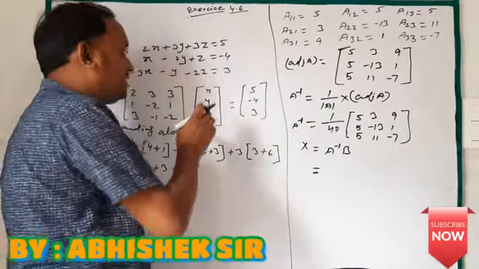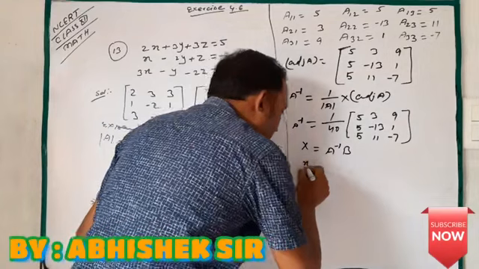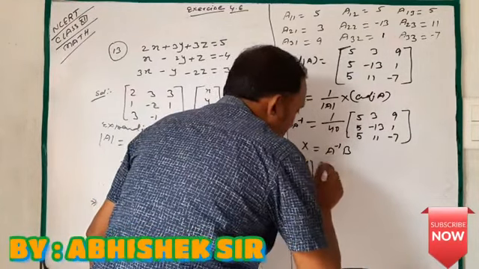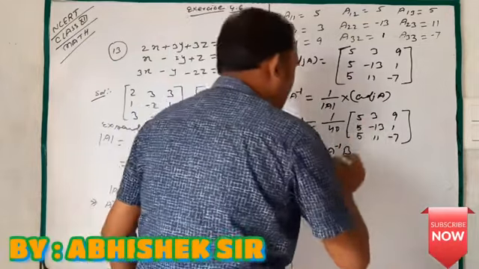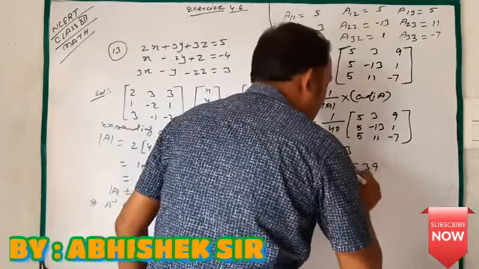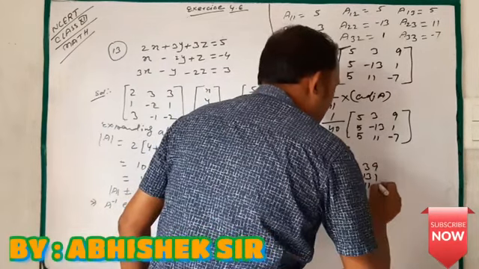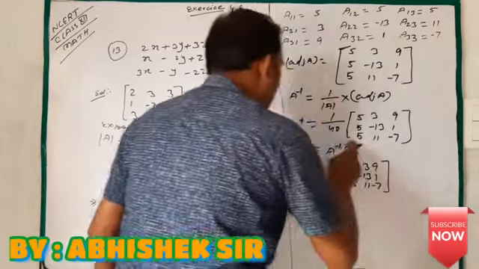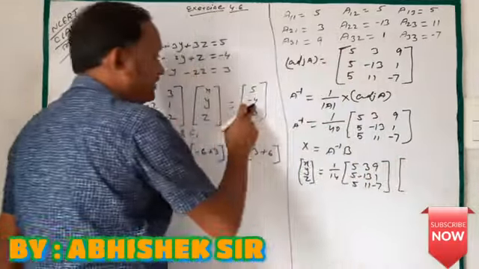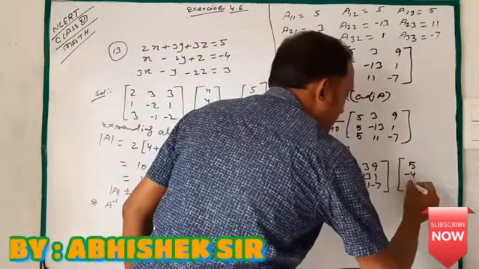X matrix consists of variables X, Y, Z, and is equal to A inverse. What is A inverse? 1 upon 40, 5, 3, 9, 5 minus 13, 1, 5, 11 minus 7. What is matrix B? Matrix B is 5 minus 4, 3.